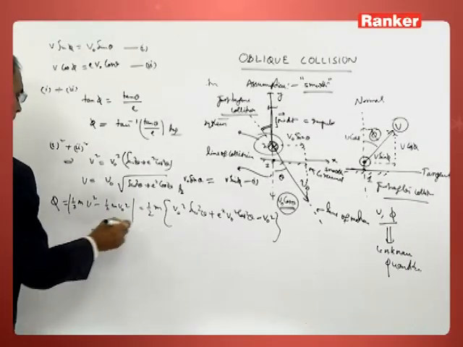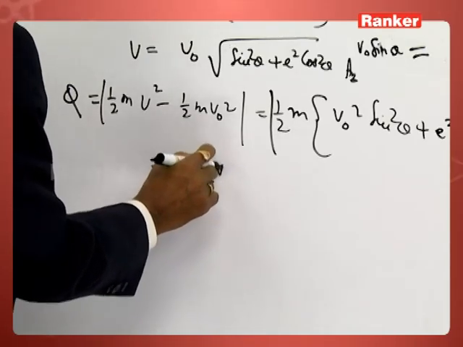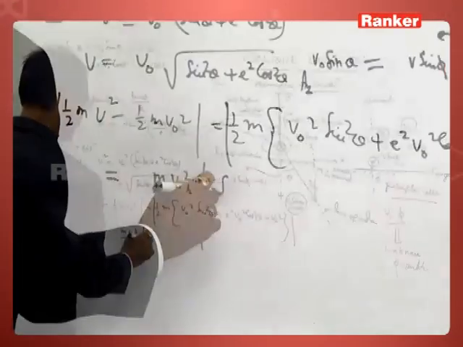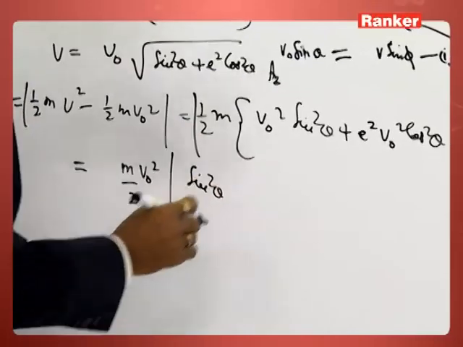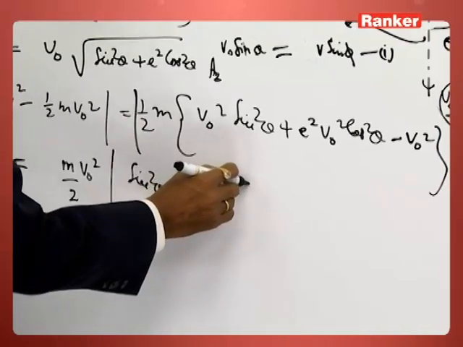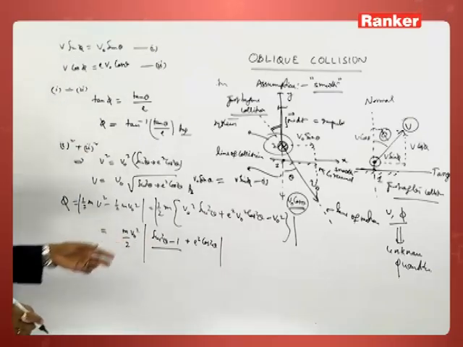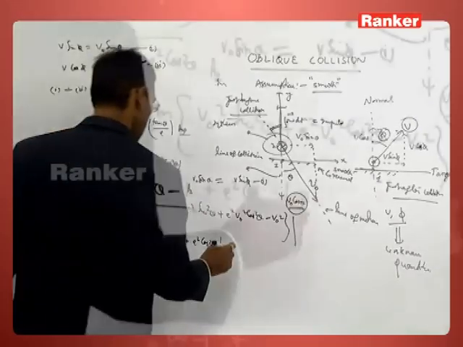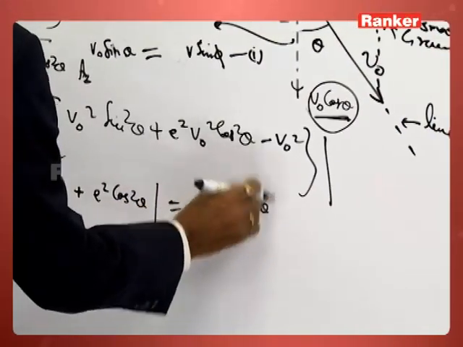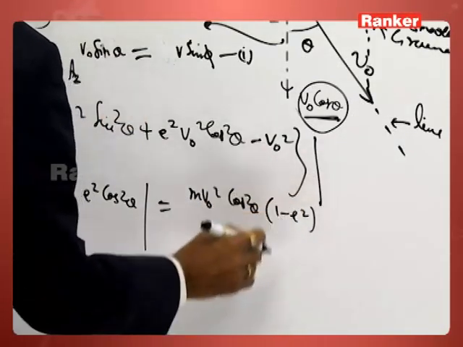This gives us m by 2 V naught square times sin square theta minus 1 plus e square cos square theta, and this is equal to minus cos square theta. So you can just write m V naught square cos square theta into 1 minus e square.